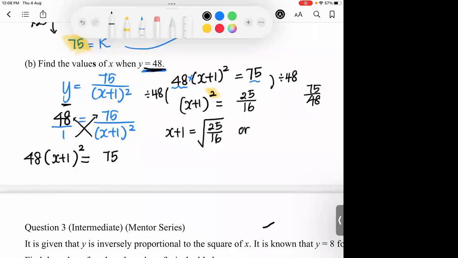But how many answers are there for square root? 2. Very good. First answer is positive. Second answer is negative, so it's the negative square root of 25 over 16.